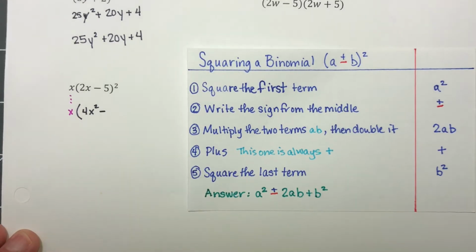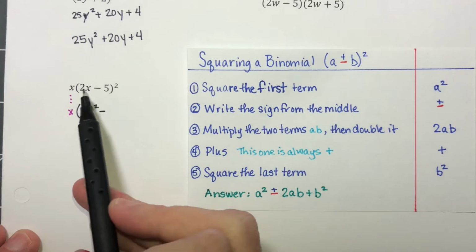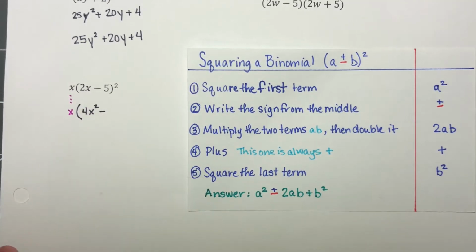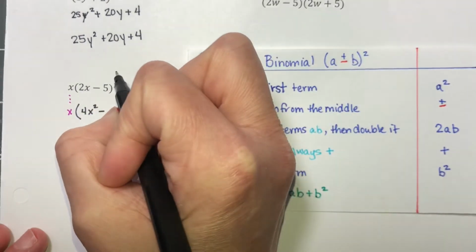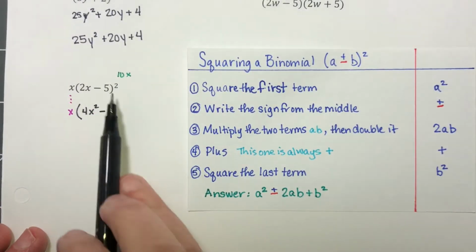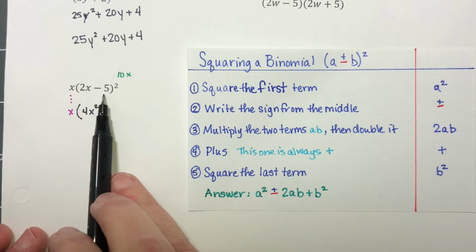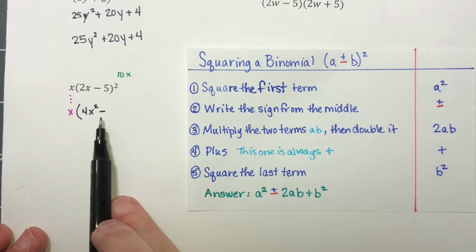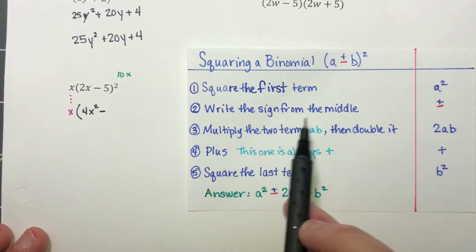This is our first example where we have a subtraction. Okay? Now multiply these two things together. 2x times 5 would be 10x. You don't have to worry about that negative. You don't have to think of it as 2x times negative 5 because you've already taken care of the sign here. So 10x, that's multiplying them together.